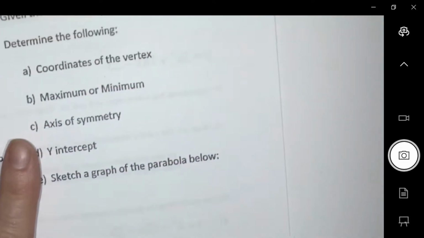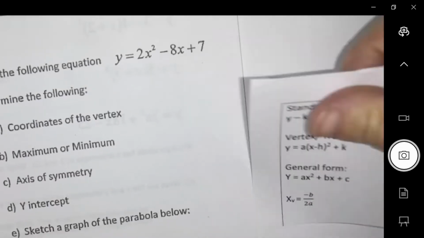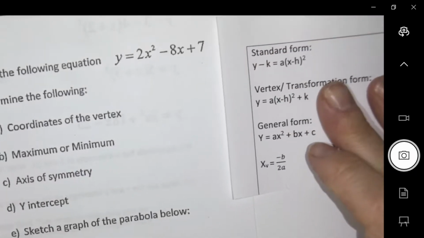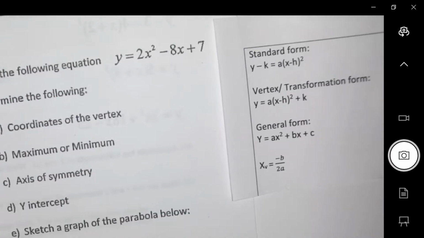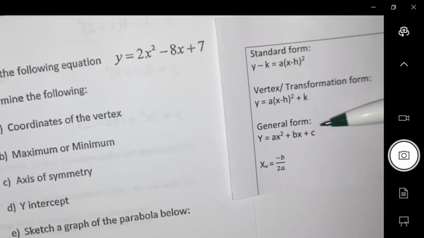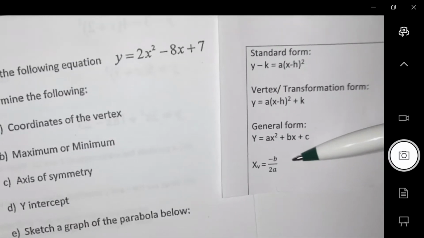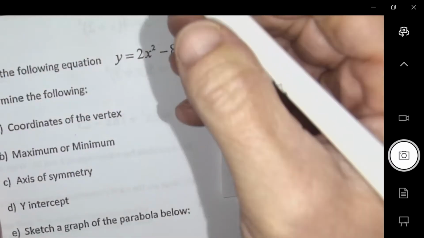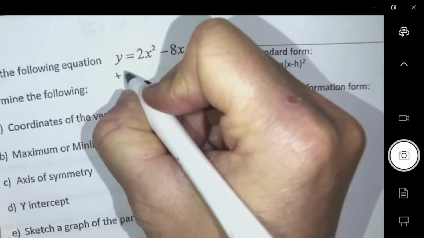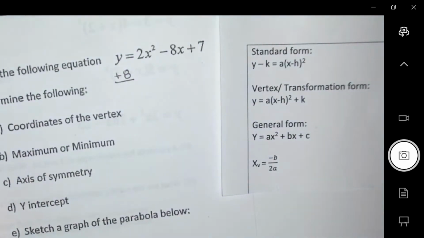Okay, next. So I will have this little piece of paper beside me on my test. And what is this? So now this looks more like general form, which my strategy is now the -b/2a stuff. Okay, so the vertex is +8, opposite b.